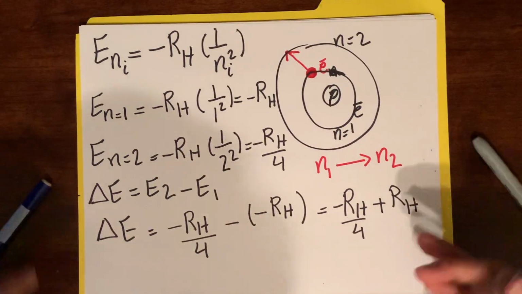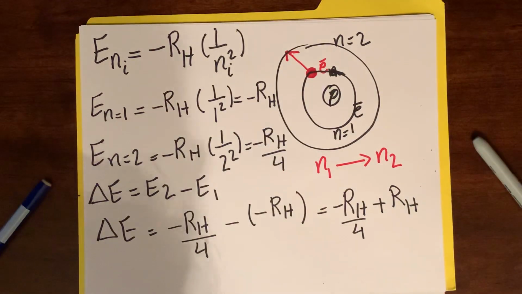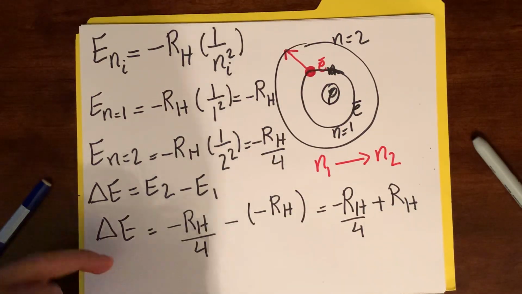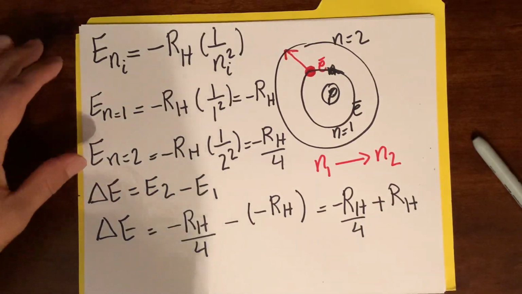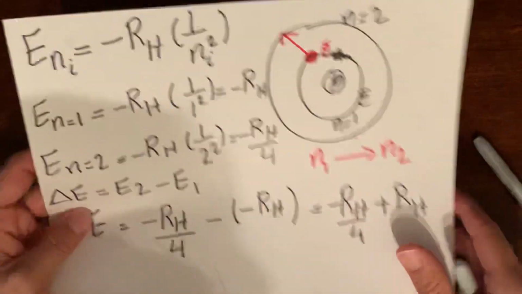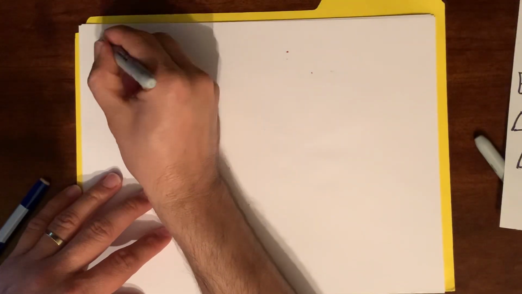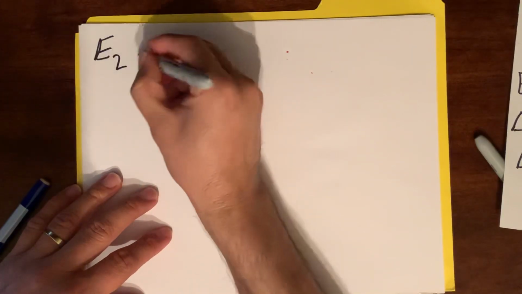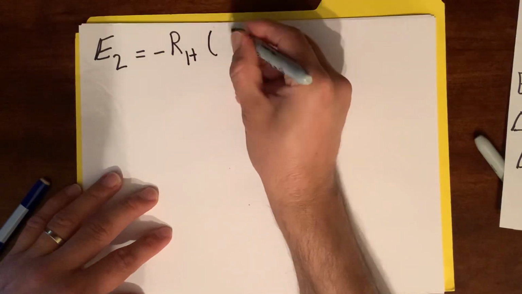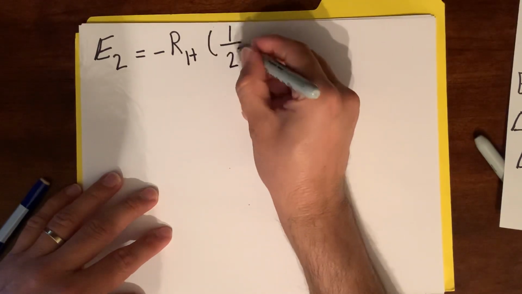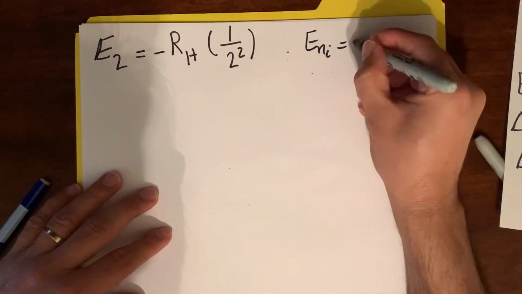Okay, it's kind of weird, and there should be a way to make it easy to calculate the change in energy. I don't want to deal just with RH. Energy for the second level, I can find it through this formula: minus RH times 1 divided by 2 to the second.